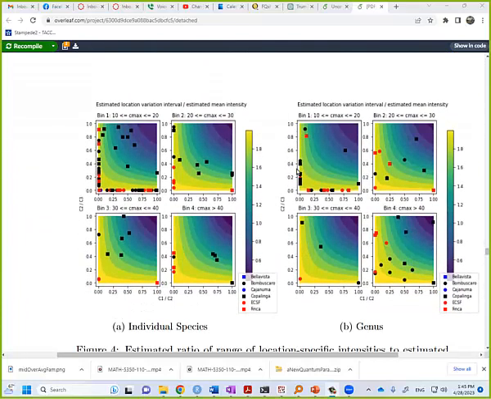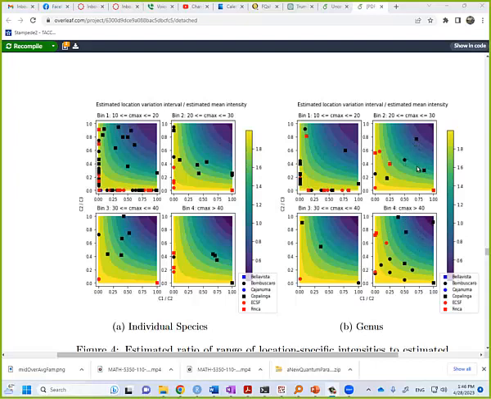So another one here. This one talks about the variation between the different locations. And with genus, we have more variation. Not really. I mean, the yellow means higher variation. Exactly. So if you have more points up here, it's lower variation. Genus has more points up here, so it has lower variation.